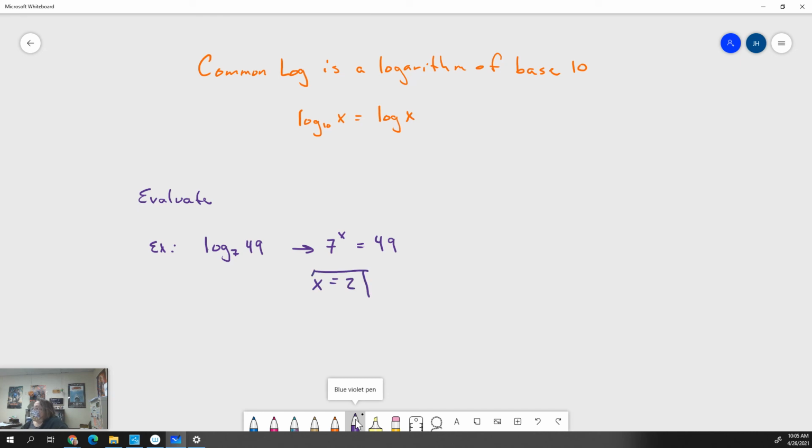But what you're looking for is the x. It didn't give us one in this problem. It just gave us evaluate log 7 of 49. And I had to go, okay, well, I know it equals something, and my something is the unknown. So I'm going to make that an x.